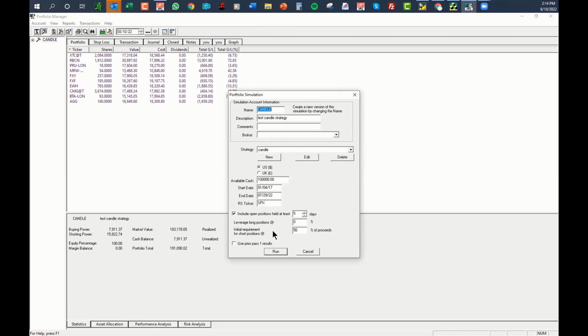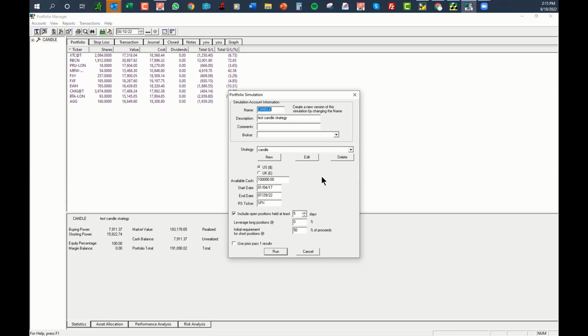Here, again, we're not doing any shorting, although this is set to 50, so we don't have to use that. Use prior pass 1 results. Don't have to worry about that too much unless you have an extremely complex reiterative trading system, which can save time. If you have, you click on that, and it'll save the previous base results as you make some modifications to your strategy. So that's initial constraints.